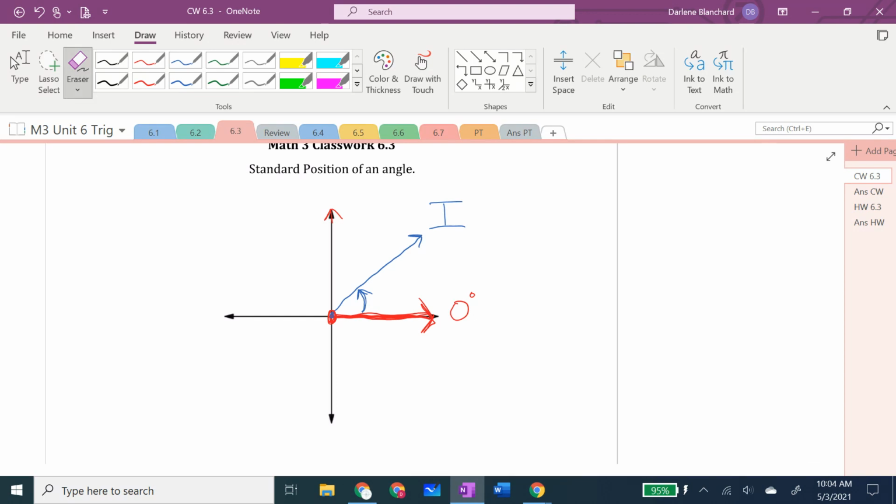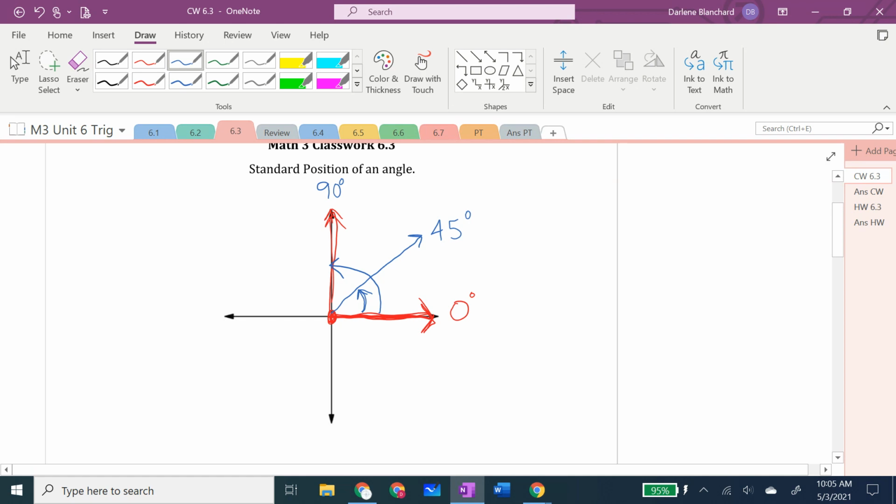That is a 45-degree angle. And if I go from 0 degrees, oh, right there, to straight up, that is 90 degrees.